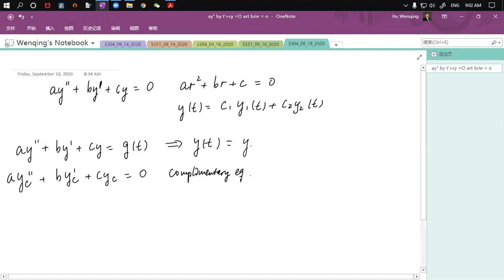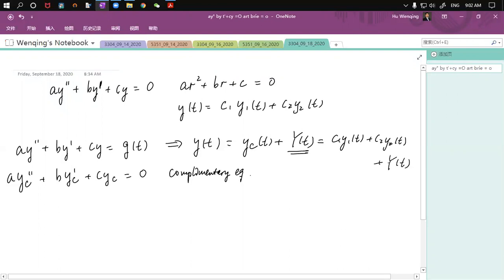So y of t is equal to yc of t plus a capital Y of t, where this is just one particular solution of the non-homogeneous problem. You just need to find one particular solution. The complementary solution has a further expansion: c1 y1 of t plus c2 y2 of t, the solution of the homogeneous equation, plus capital Y of t.